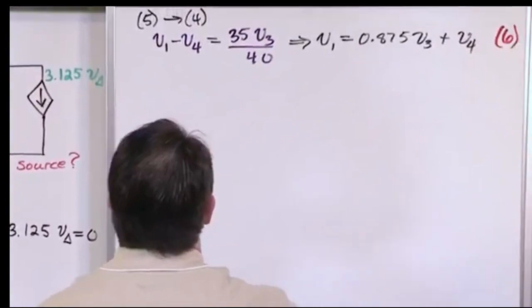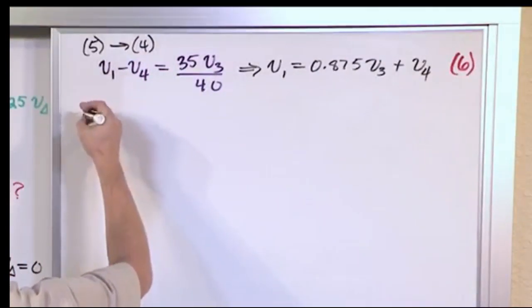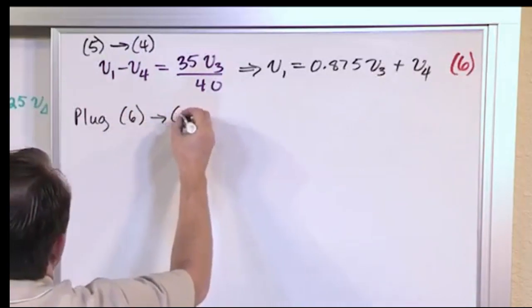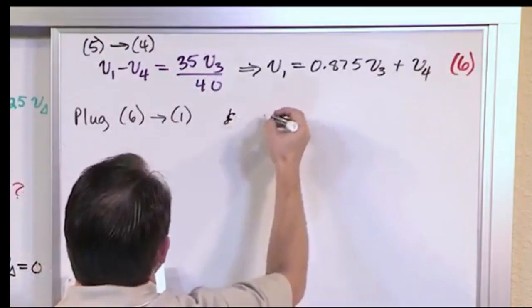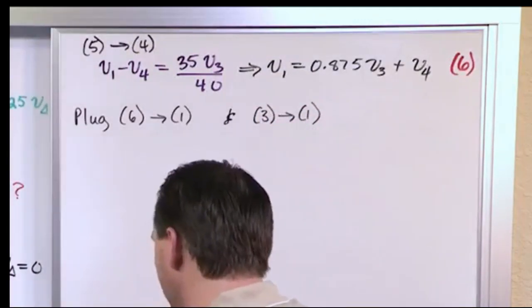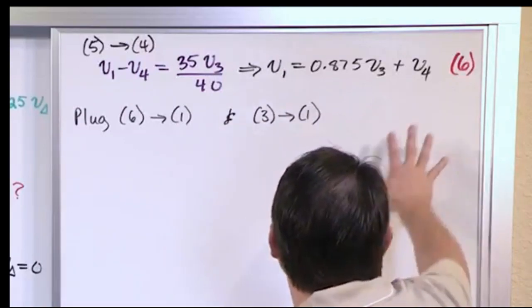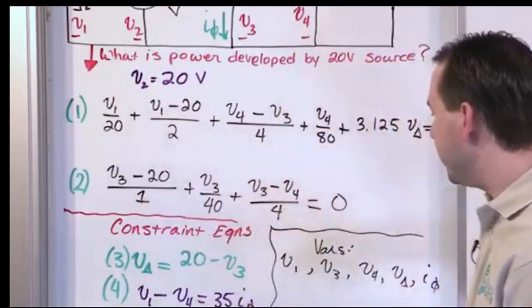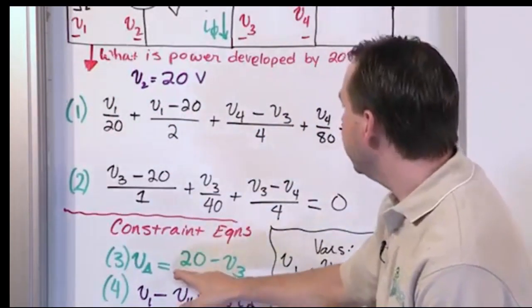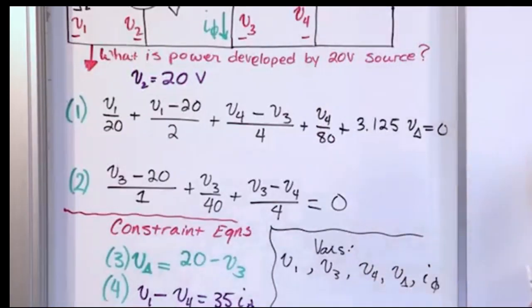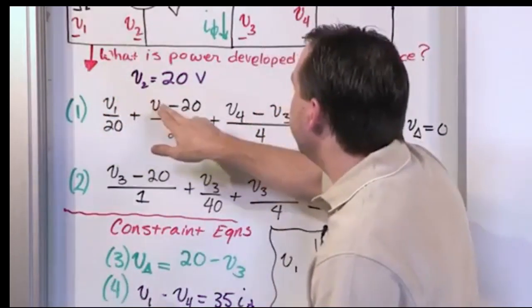So next, I'm going to plug equation 6 into equation 1 and equation 3 into equation 1. This is all algebra, so you may have your own way of doing things, but this simplified version that I just came up with for V1, I'm going to stick in here. And then I'm going to stick equation 3 in here. This guy is V1 in terms of V3 and V4, so when I stick it in here, there's not going to be any V1s anywhere.